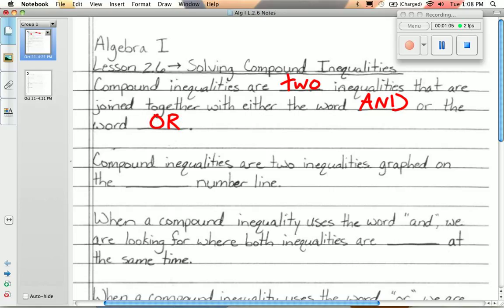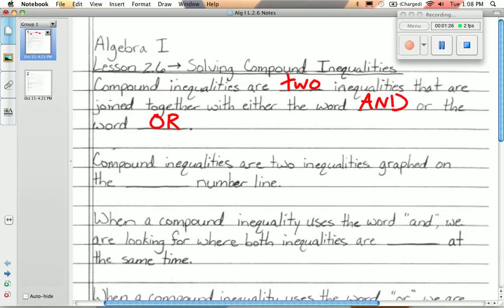So what it's setting up is there's two different conditions. If it's an and one, it's saying it has to meet two conditions together. If it doesn't meet both of them, then we can't call it the solution to that inequality.